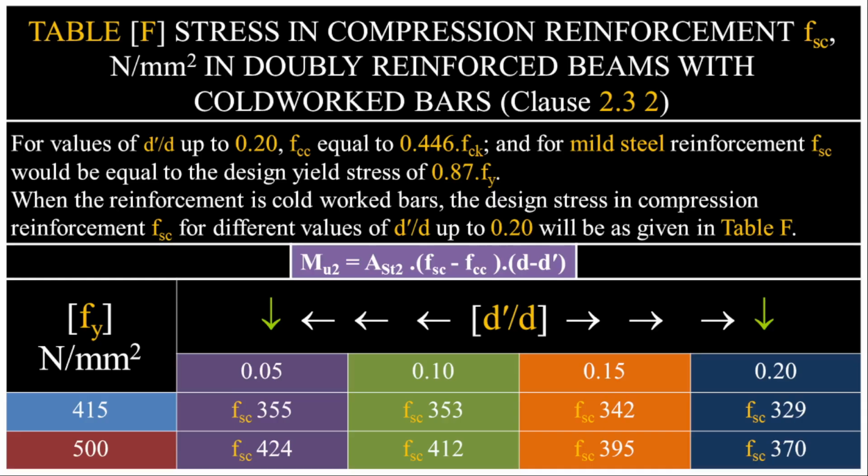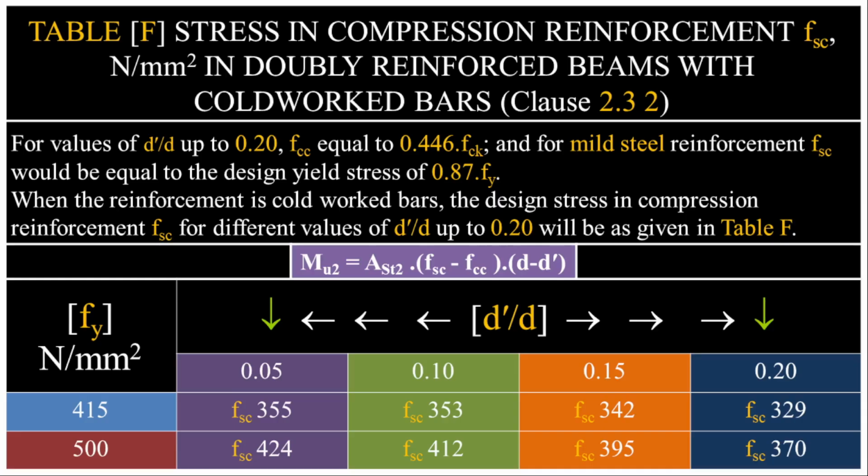As you can see, for values of d'/d up to 0.20, fsc is given as 0.446 times fck. However, for mild steel reinforcement, fsc would be equivalent to the design yield stress, which is 0.87 times fy.